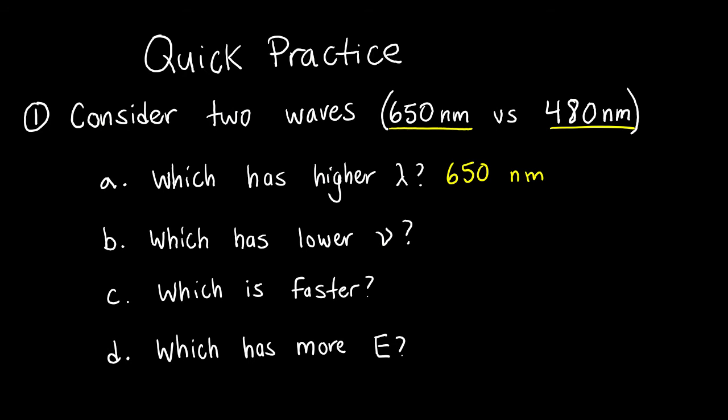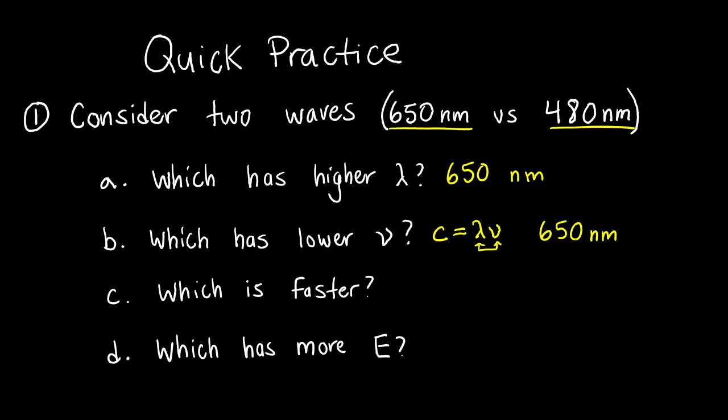If you think about our equation that relates wavelength and frequency, we know that c equals lambda nu. Because those two variables are next to each other, we know that they are inversely proportional. A higher wavelength indicates a lower frequency. So the answer is actually the same. The 650 nanometer wave has a higher wavelength and therefore a lower frequency.